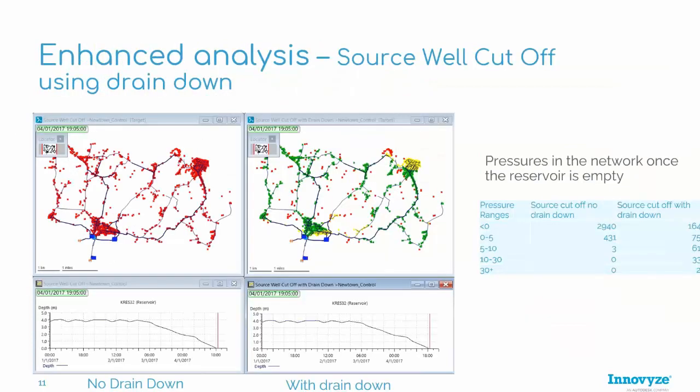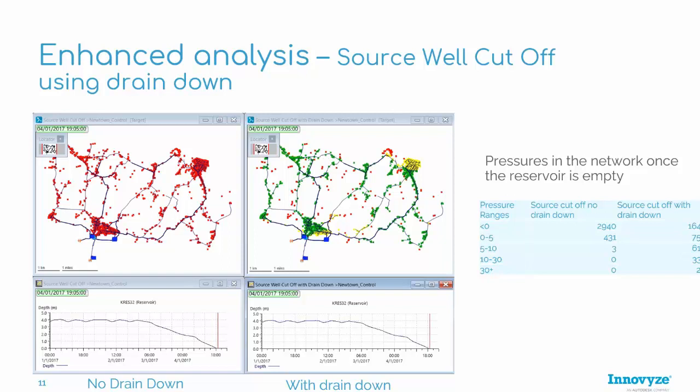So here is an example looking at the results of a pump shut down from a water source, with and without this application, and how the results you get from your analysis can be very different.